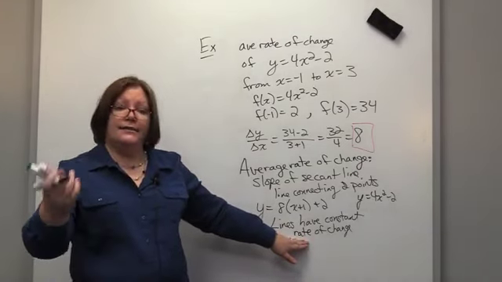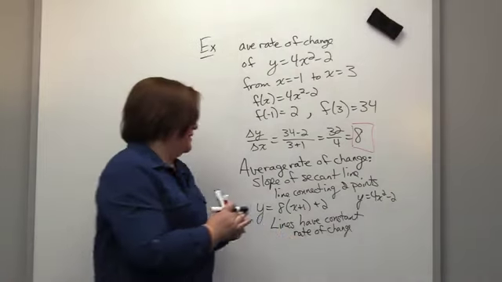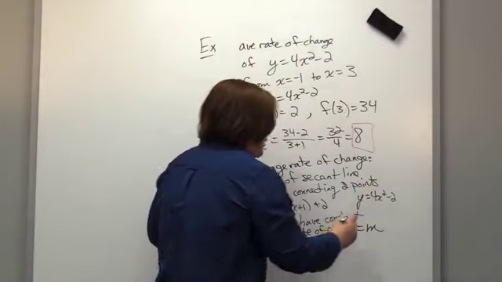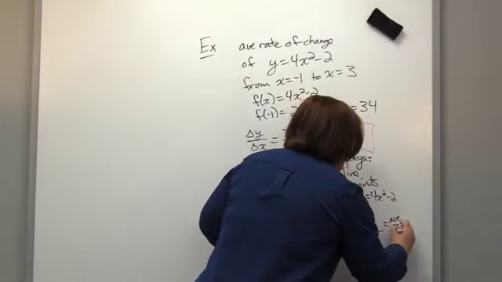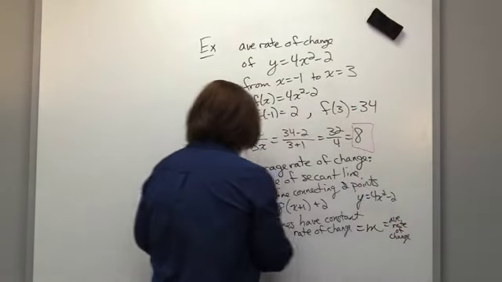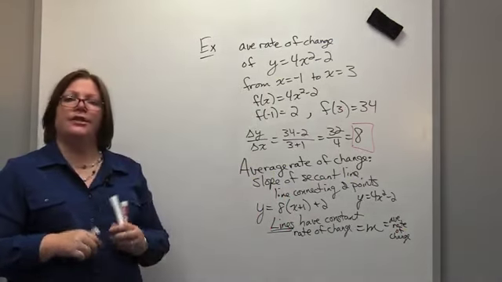If you were constantly getting 90s on your quizzes, your average would still be 90. So this is your slope. Average rate of change is the same. On lines, the average rate of change is the slope.